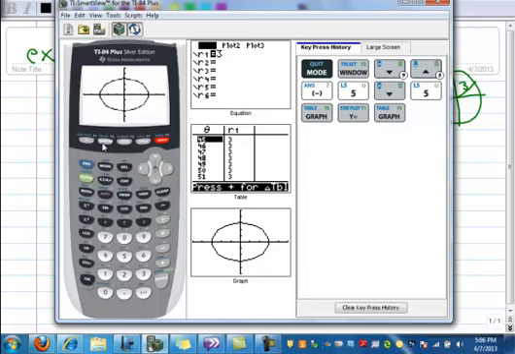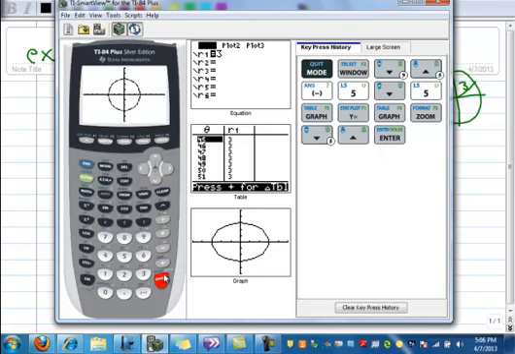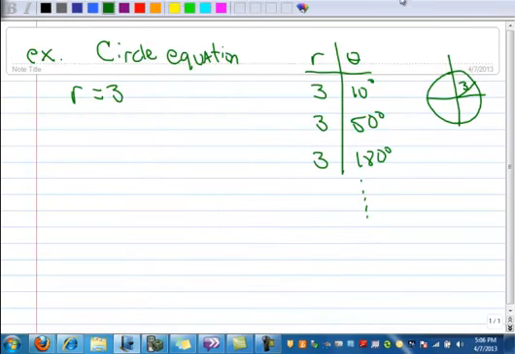So you can go to your zoom, and go to zoom square, and that just squares up your axes a little bit, so a circle really truly looks like a circle. Alright, so that's a circle with your calculator.